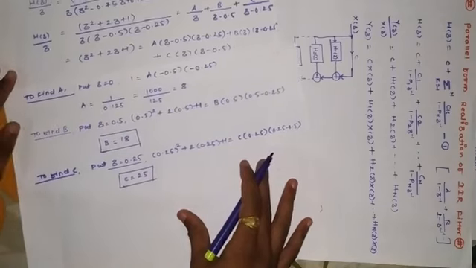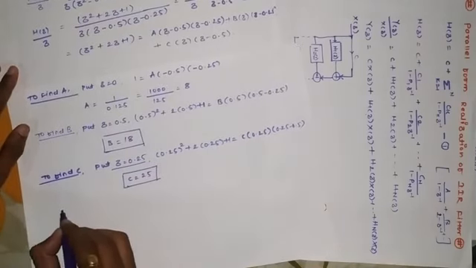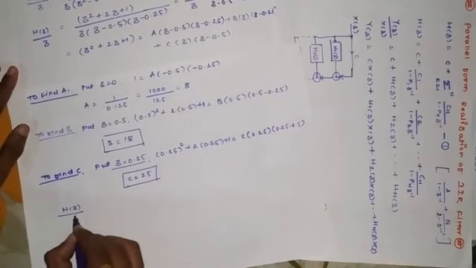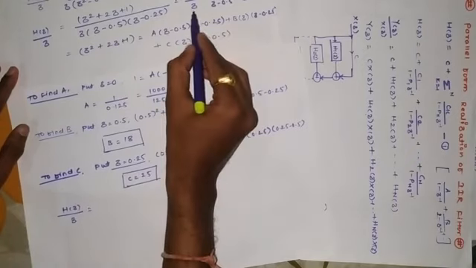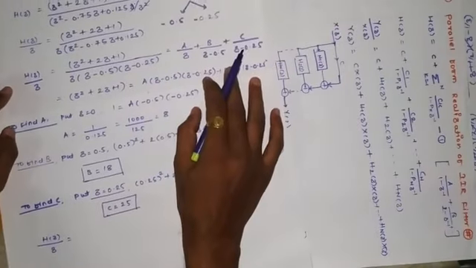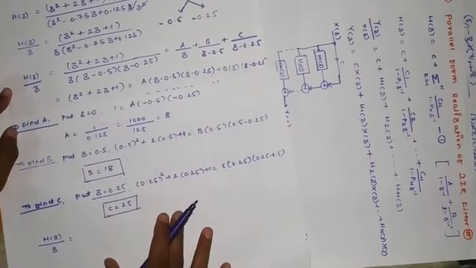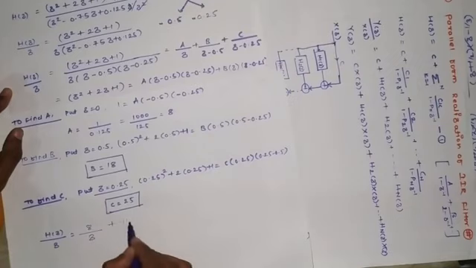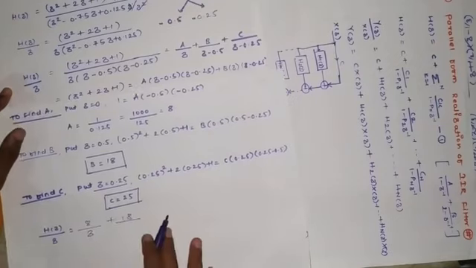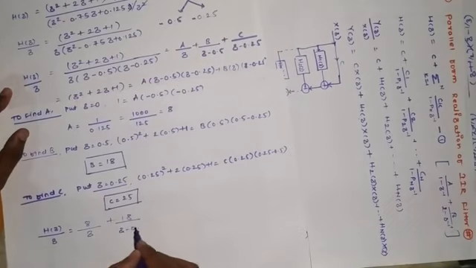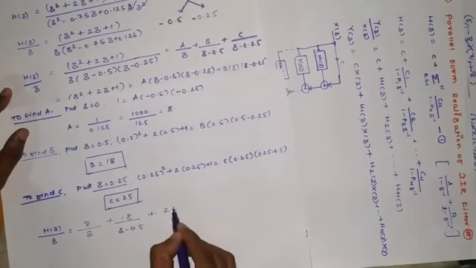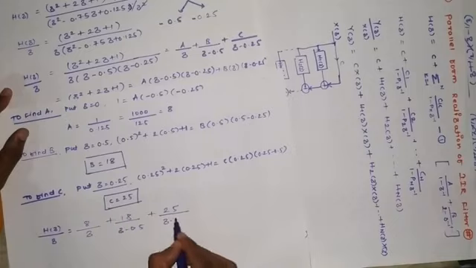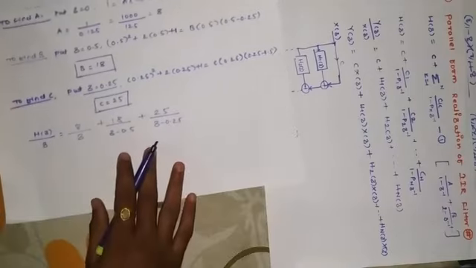Now friends, having got these values of A, B, C, next we'll consider H of z by z, which is A by z plus B upon this one. So A is 8 divided by z, plus B is 18 divided by z minus 0.5, plus C is 25 divided by z minus 0.25.